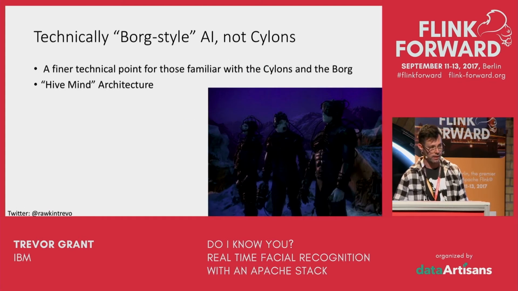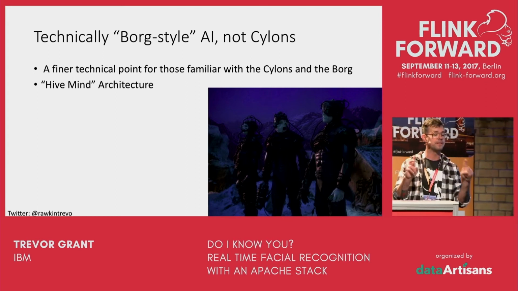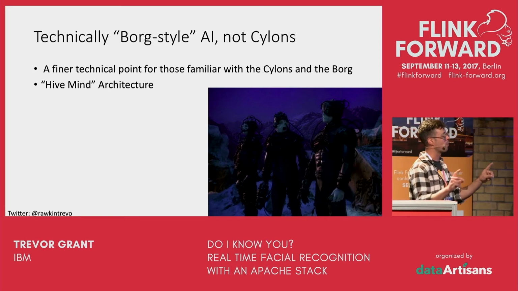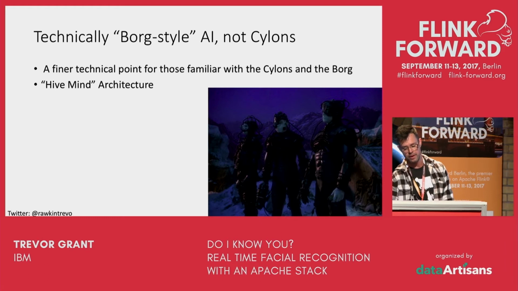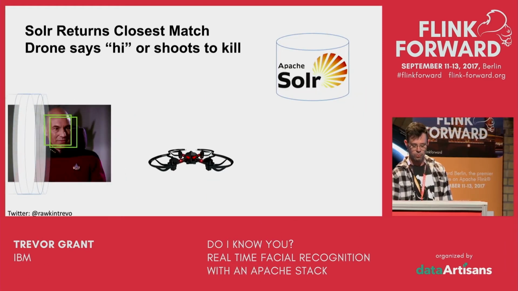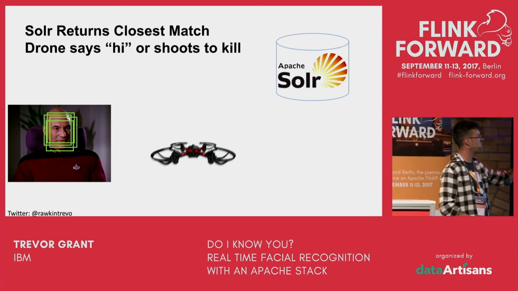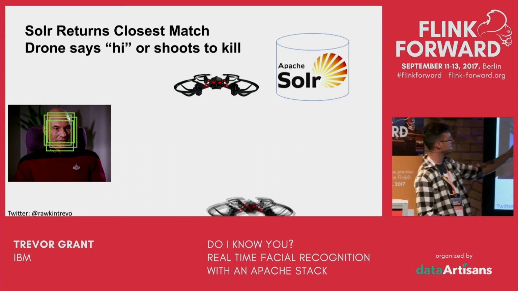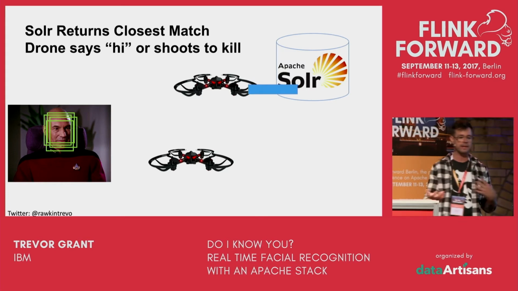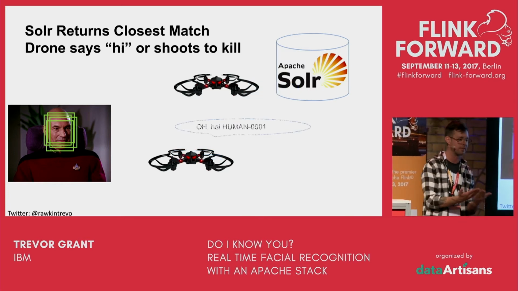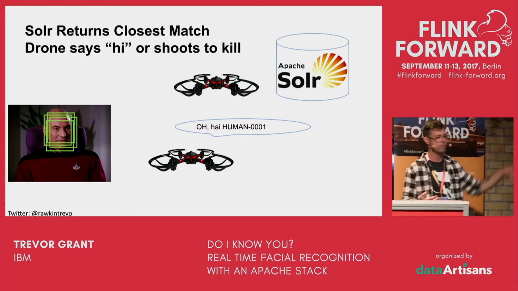If you're a big sci-fi fan, all of this would technically not be Cylons. It would be more like the Borg with a hive mind, because the real beauty of this system, the really cool thing, is one drone recognizes a new human, and then it flies off and does the other thing, and then his little buddy drone comes by 2 seconds later, but because they're tied into the same Solr and they can give each other context clues because they're all probably sitting in the same stream job, it really picks up fast that, oh, I've adapted, I already know who that is, I don't have to learn.